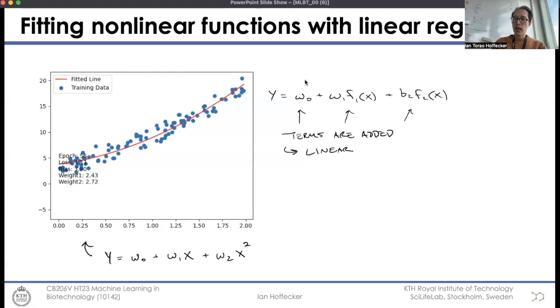And because they're added together, that means they're linear in terms of the parameters, even if the input variable happens to be some function, x squared or square root of x or something like that. And this is still going to give us a fit that could work here.